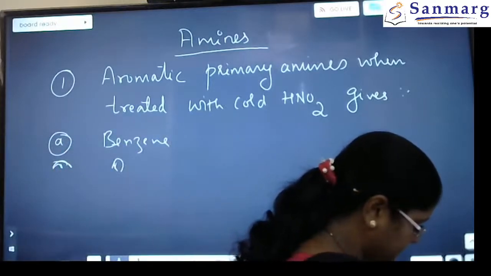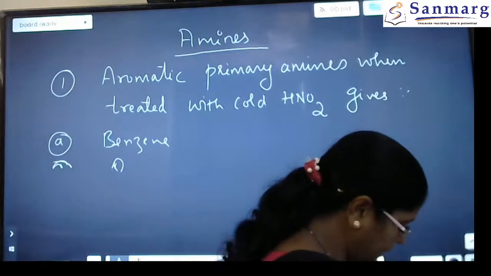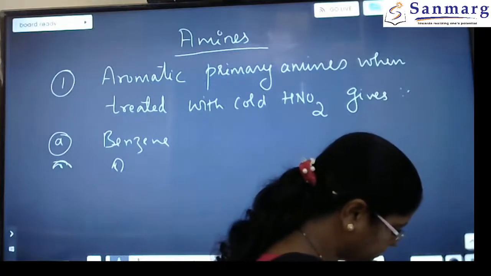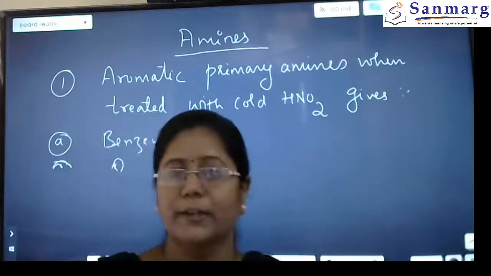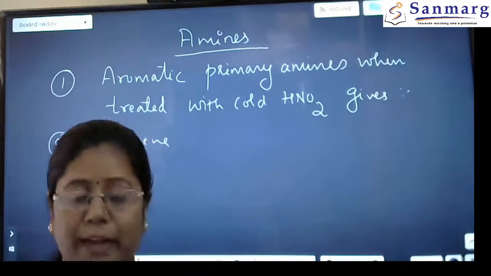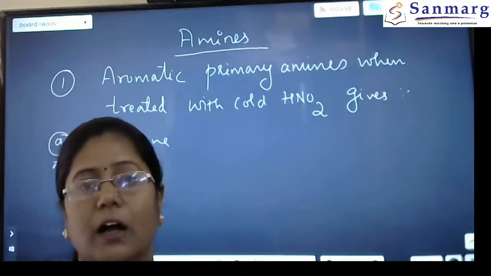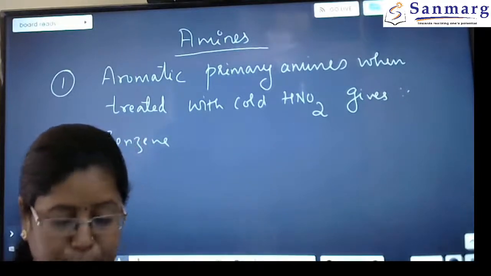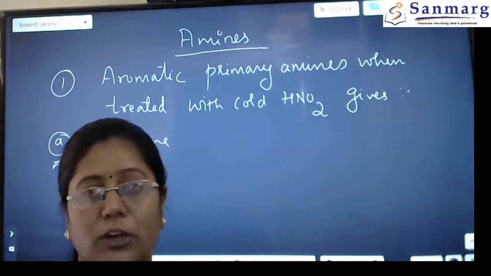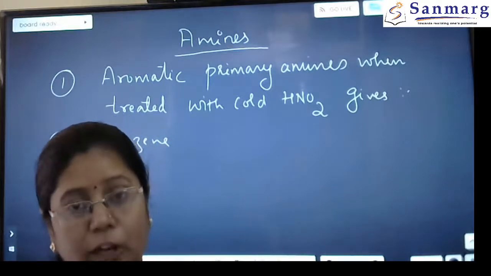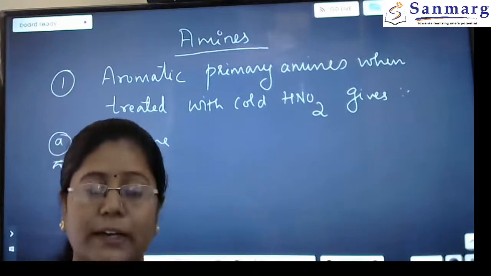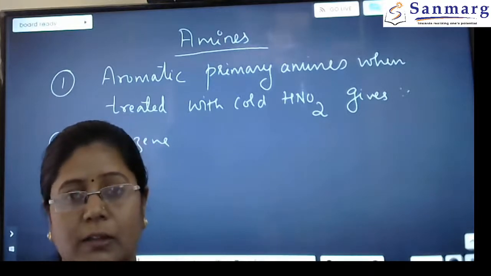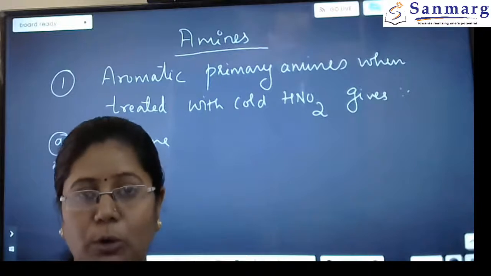Okay, I'll tell how it will react. See, generally what happens during this diazonium reaction is any aromatic amine reacts with HNO2, nitrous acid, in the presence of acidic medium HCl, and you get diazonium chloride.